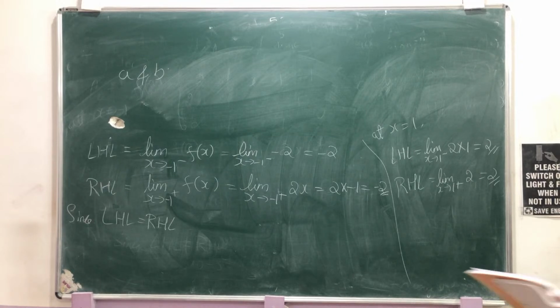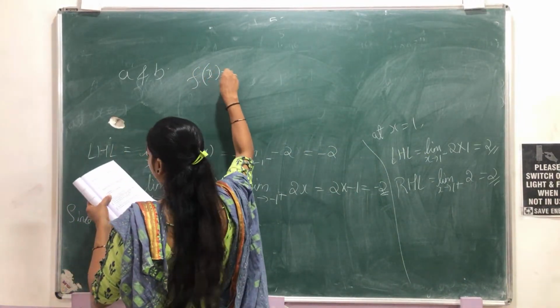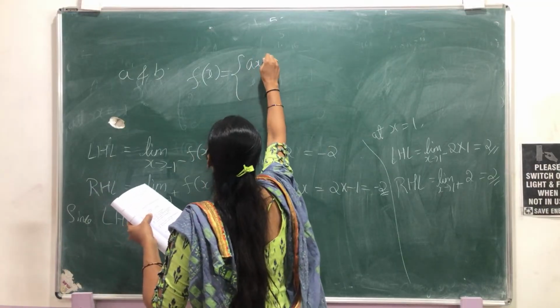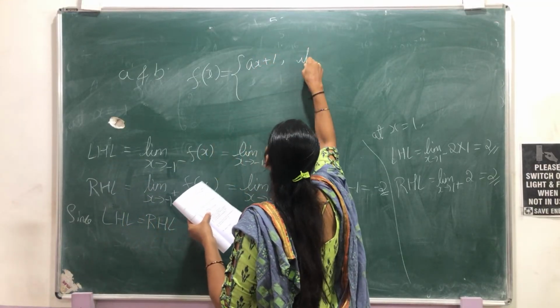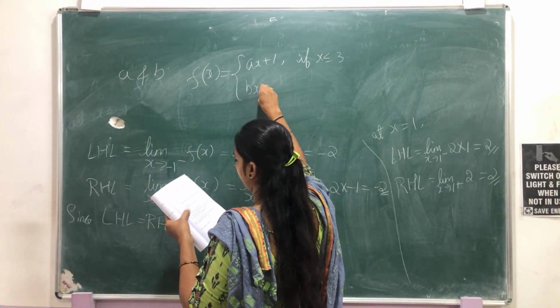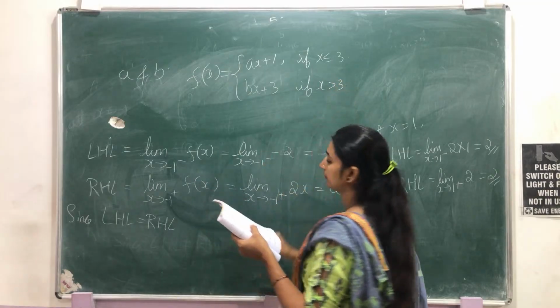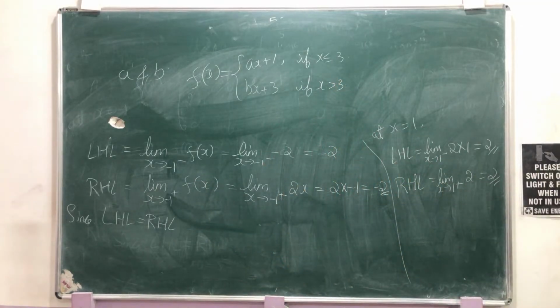Find the relationship between A and B so that the function given by f of x equal to ax plus 1 if x is less than or equal to 3, bx plus 3 if x is greater than 3, is continuous at x equal to 3. This they can ask for 4 marks. Got it?